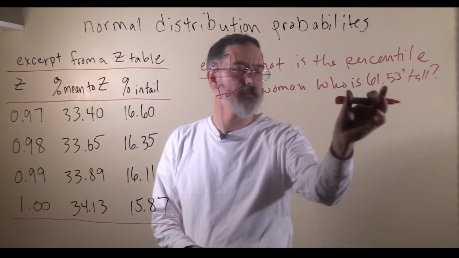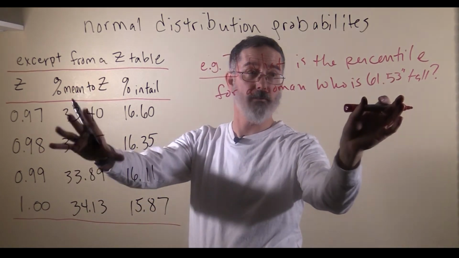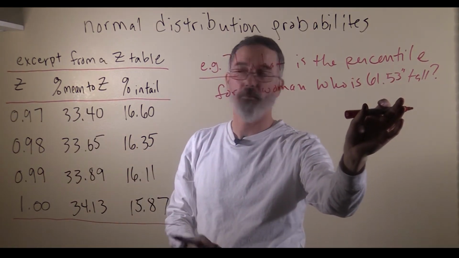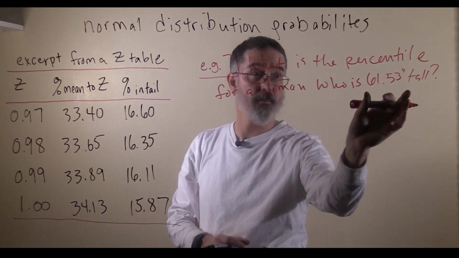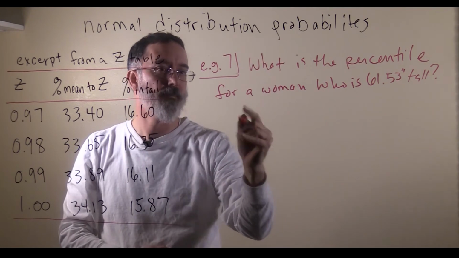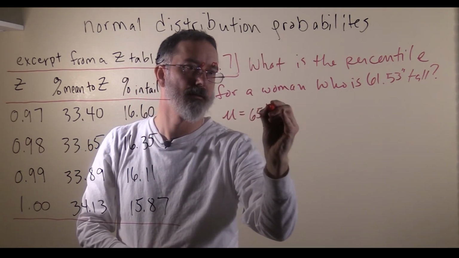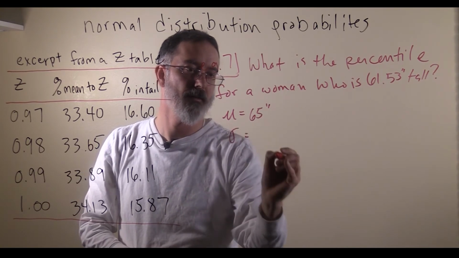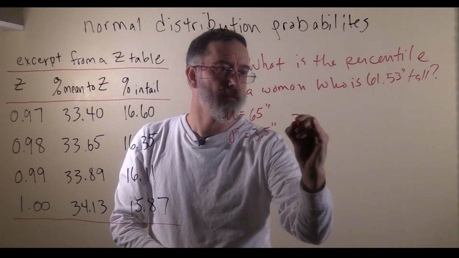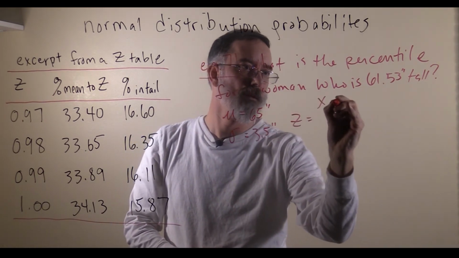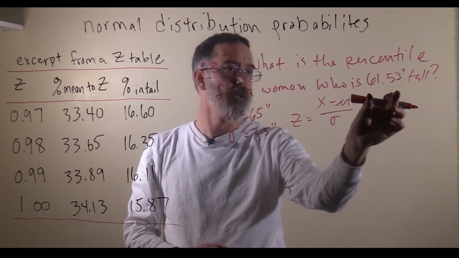Okay, so this is in the unit of inches, and this is in z-score units, units of standard deviation. So we can't use this table yet. First, we need to transform this number into a z-score. So we know the population mean for women's height, 65 inches. The population standard deviation for women's height, we got 3.5 inches. And then we can use the z-score formula for populations to change this raw score into a z-score.